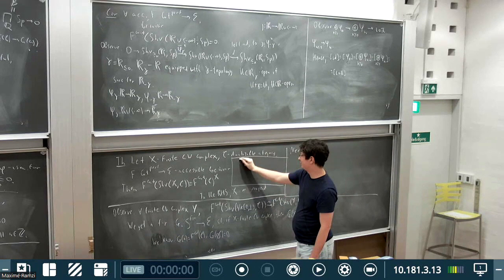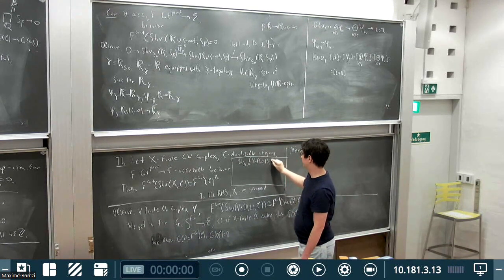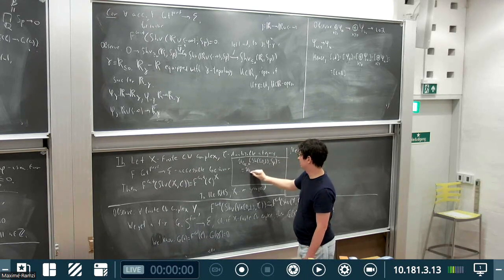Let's just say that we take the universal localized invariant for some category of sheaves on the unit interval. And this is just the same as this universal invariant computed on spectra.